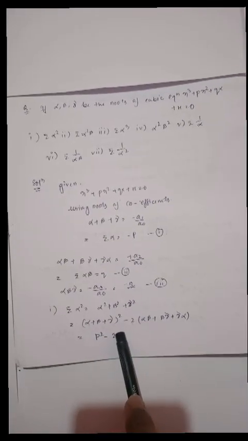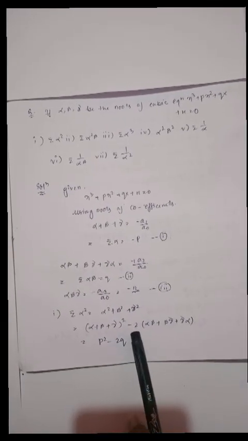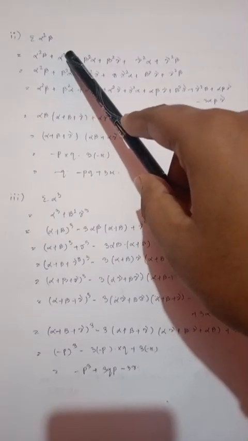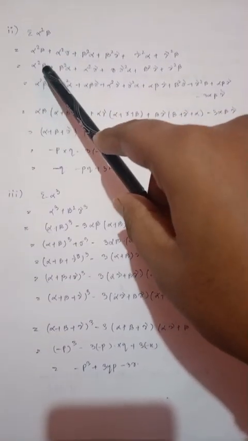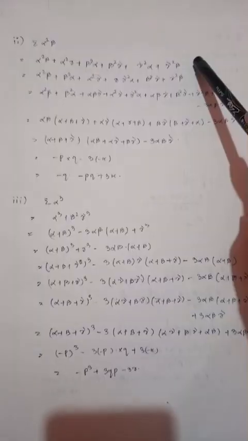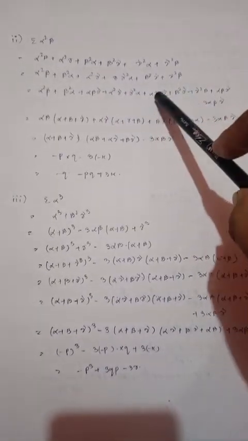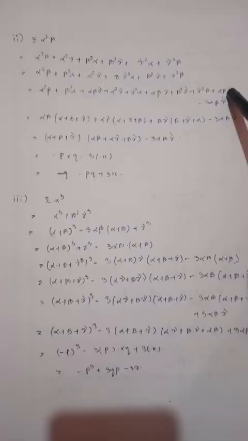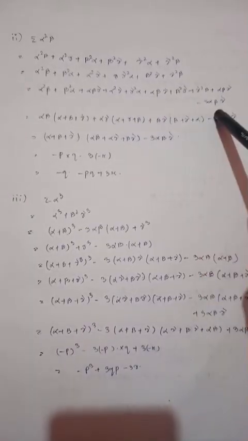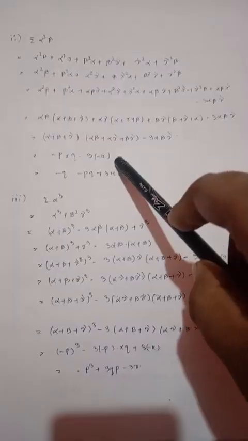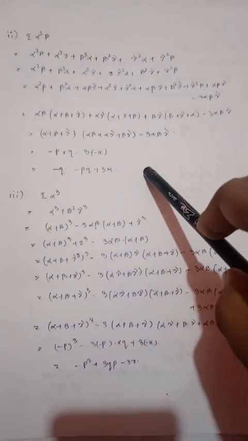Then we just have to solve the questions which are given. We can use the basic identities to solve this. Next question is alpha square beta. For that we first expand the equation, then we rearrange it, then we substitute the values according to the need, then we take common, make it shorter, put the values, and finally get the answer.